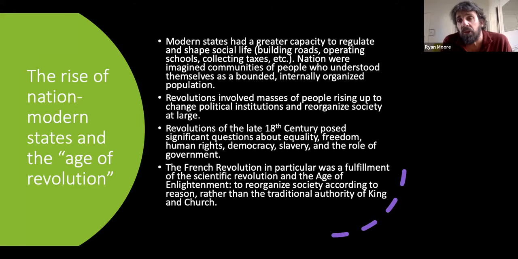Now, revolutions, as we mentioned with the Age of Revolution, come about with masses of people rising up to change the political institutions, to change the state, and to try to reorganize society at large.